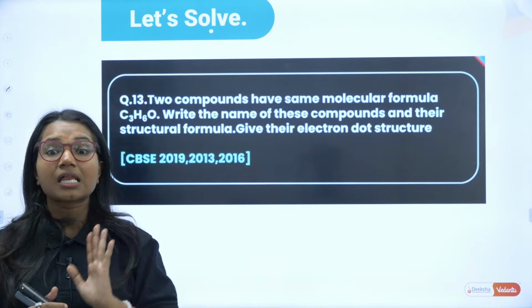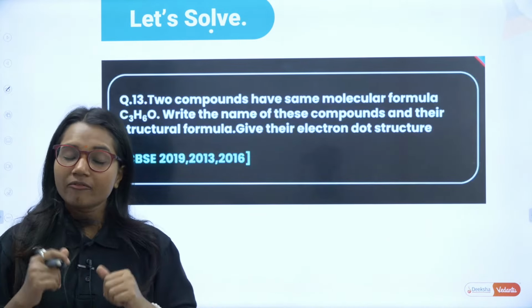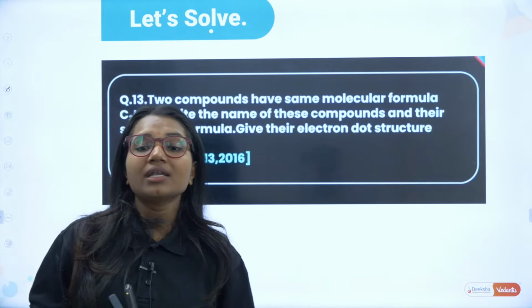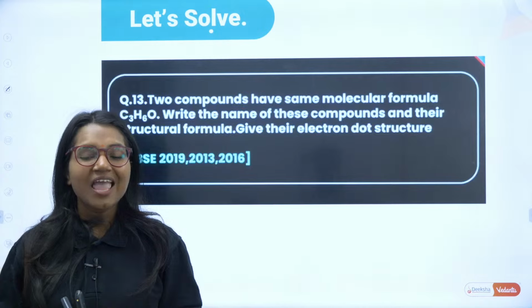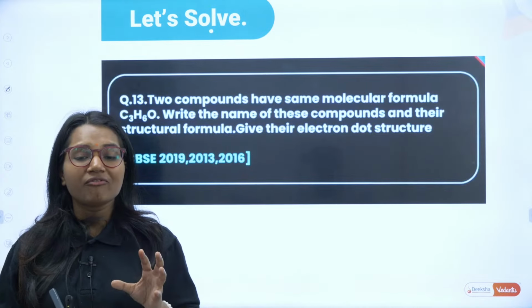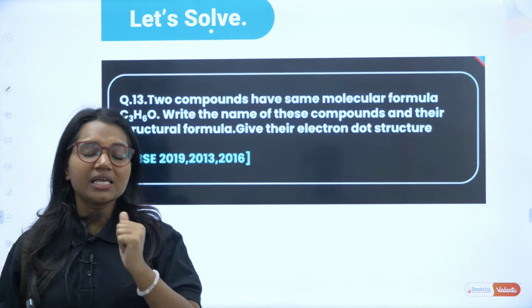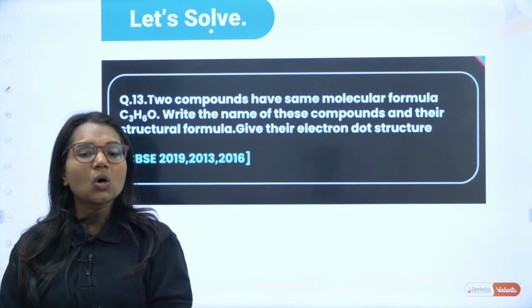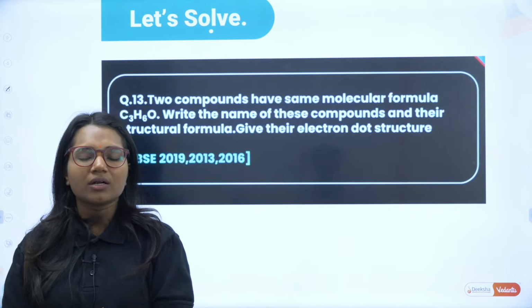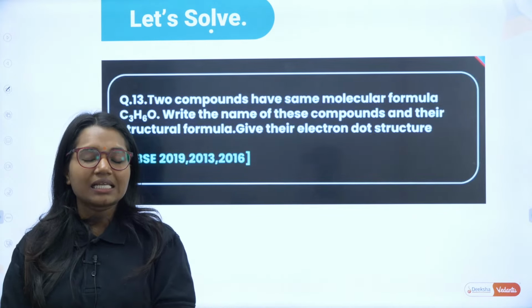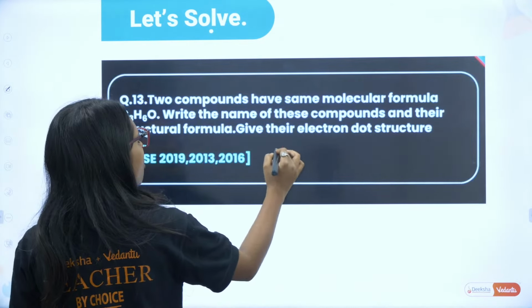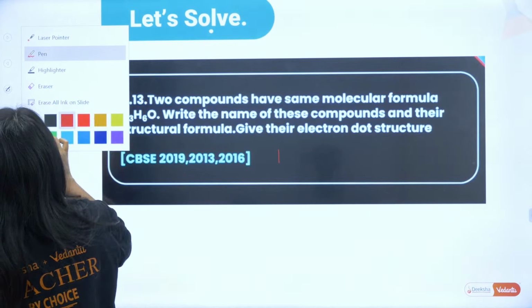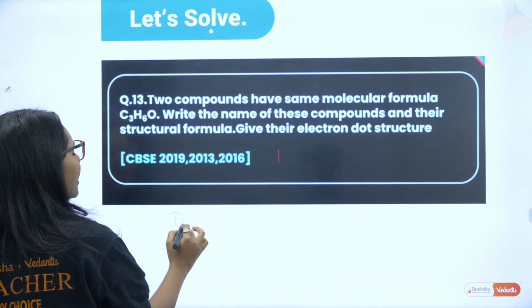They have two different structures, but their molecular formula is the same. So those types of compounds are called what? When the compounds have different structure, same molecular formula, those compounds are called isomers.